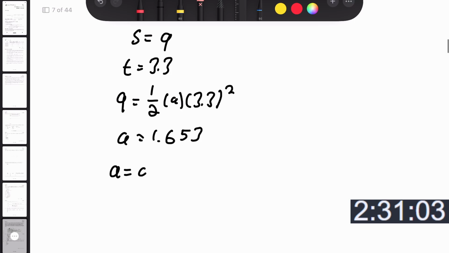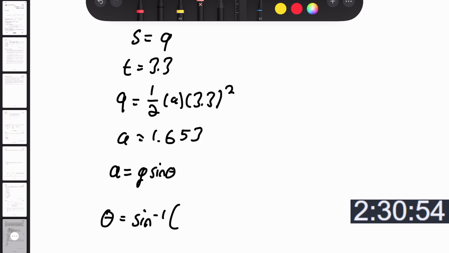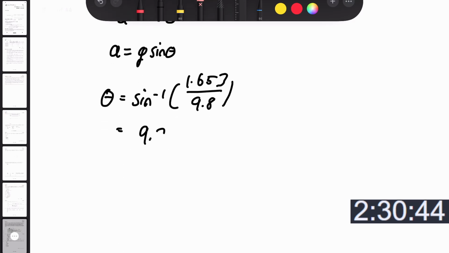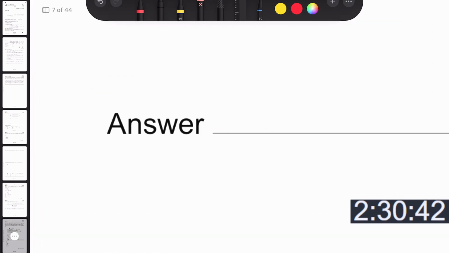And then a is equal to g sine of theta. So then theta is going to be inverse sine of 1.653 all over 9.8. So theta is 9.71 degrees.